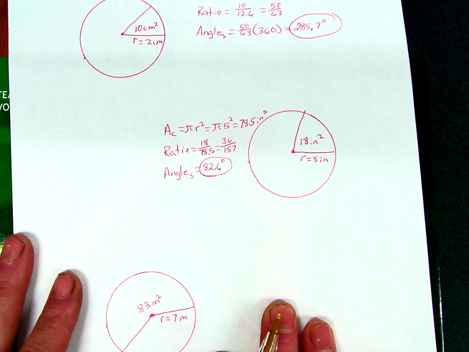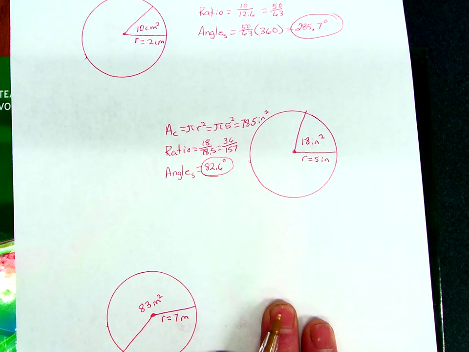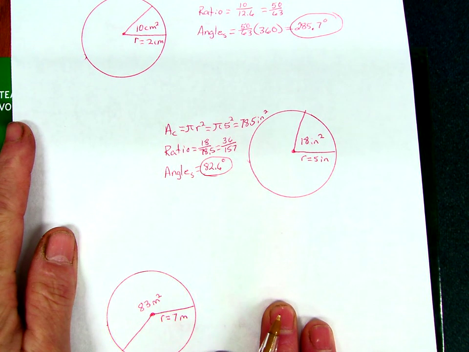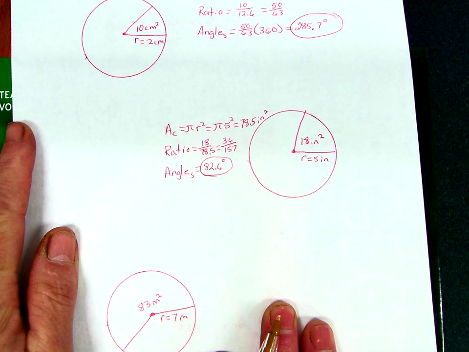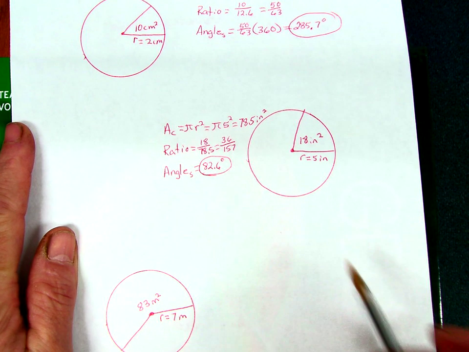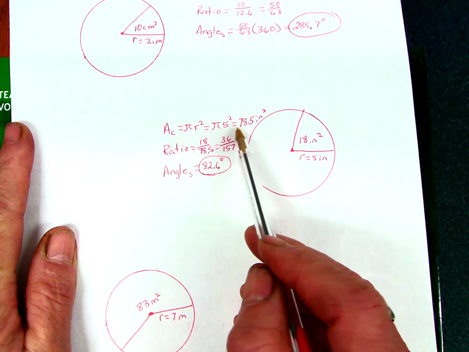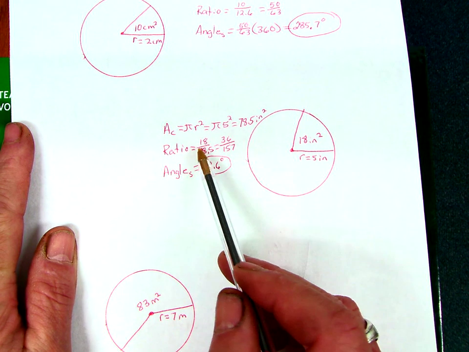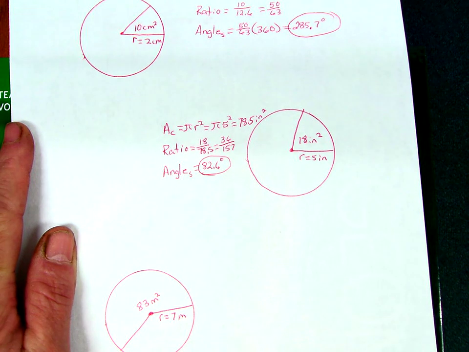Well, just like last time, it is possible to combine these two formulas into one. It takes calculating the area of the larger, or the circle, and multiplying it by this ratio.